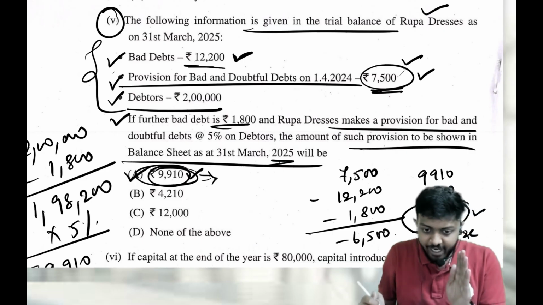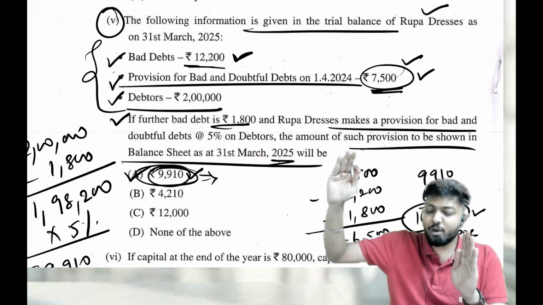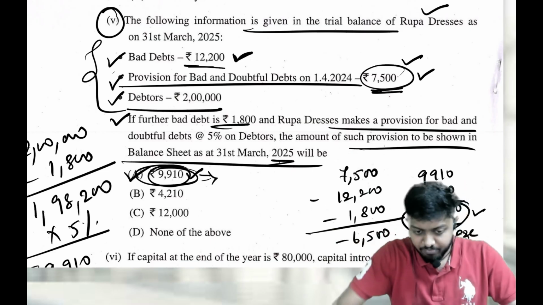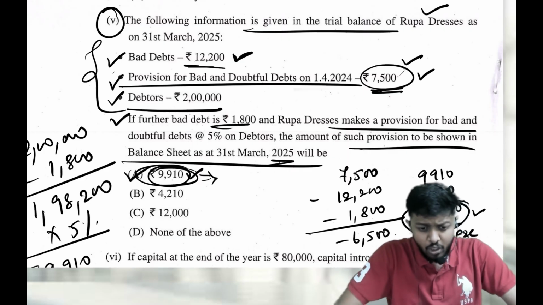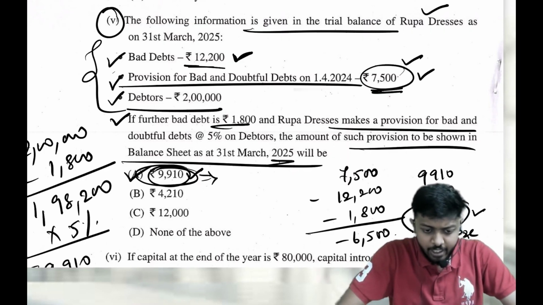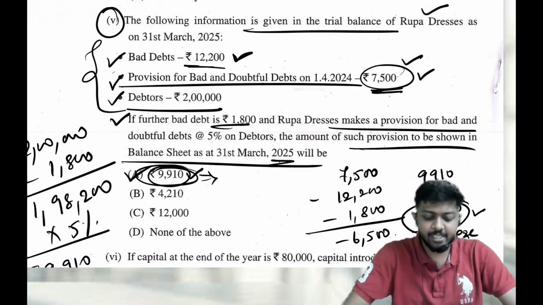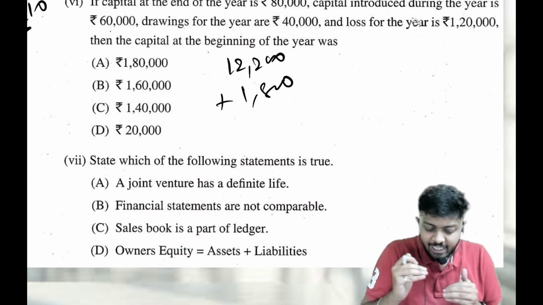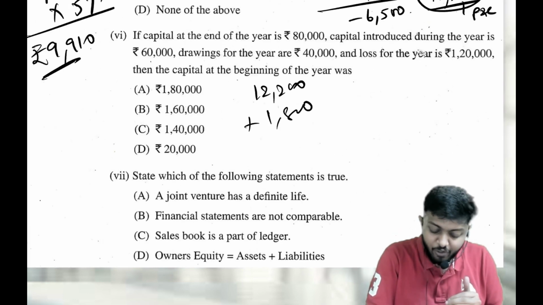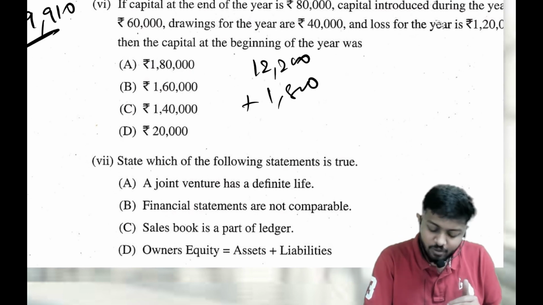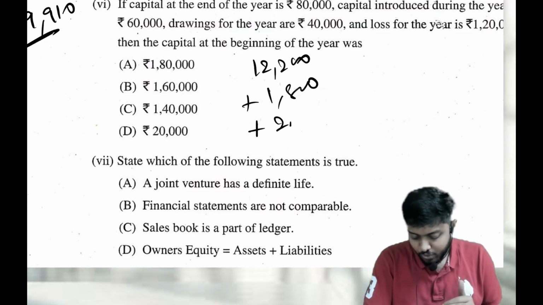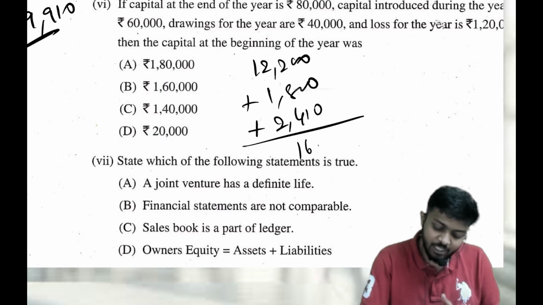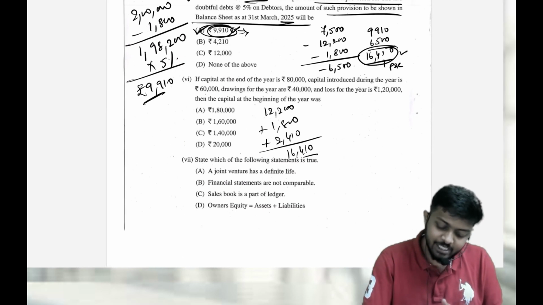From 7,500 to 9,910, you have to increase the provision or decrease it? Increase, by 2,410. Now if you add all these three, what will you get? 16,410, which is this number only.